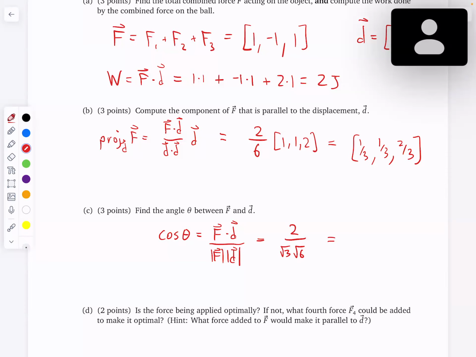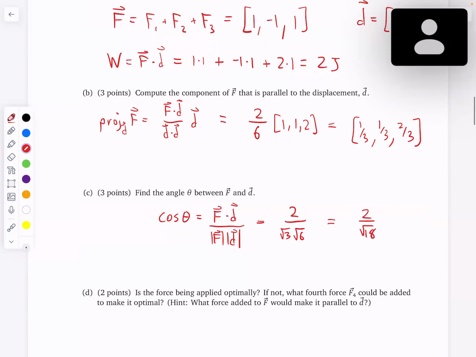So that looks like 2 over root 18. And then to find theta, you have to do cosine inverse. So theta equals cosine inverse of 2 over root 18. And that's it.